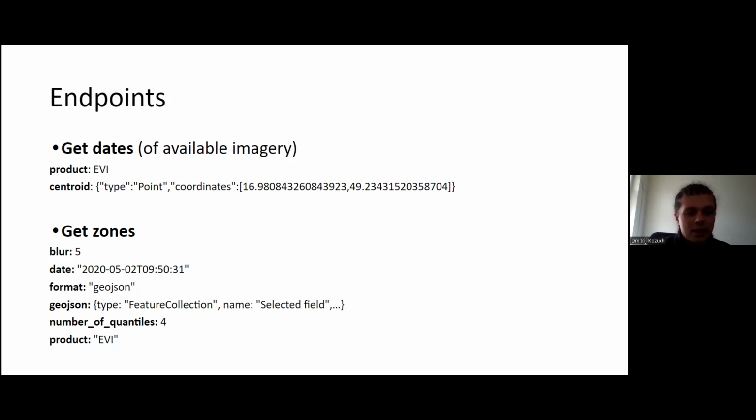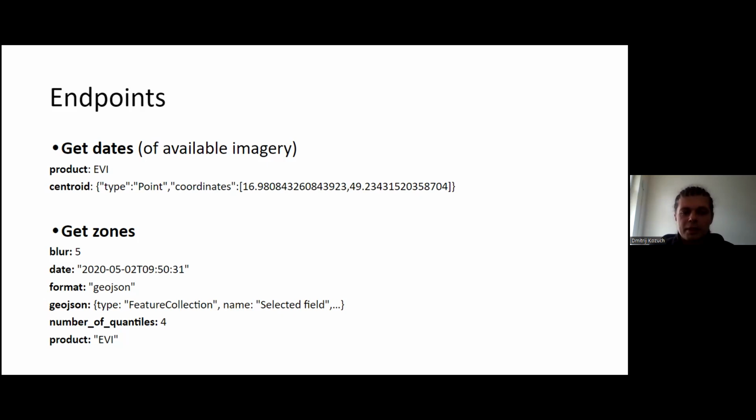The second service is get zones, which calculates the zones for the field for an exact date. It has additional parameters, such as the number of quantiles. This means the index values on the field are divided into the number of quantiles the user needs, for example 5 parts.